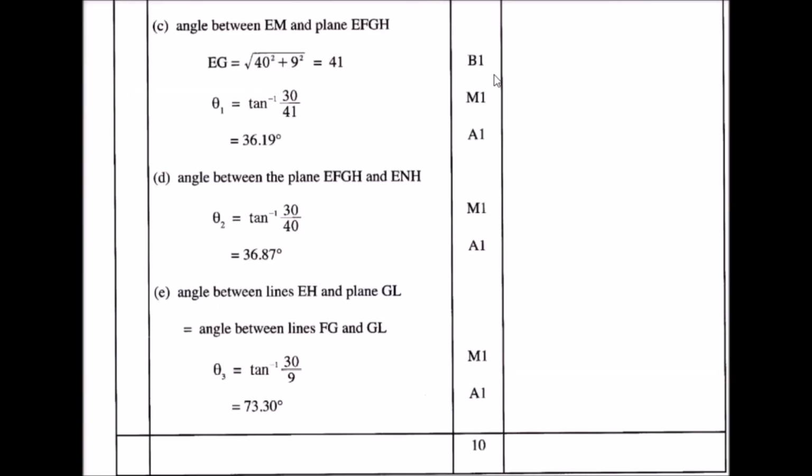Part C, you get a bonus point for getting the length of EG, then you get the method of finding the angle and 1 mark for getting the answer. Part D, you get 1 mark for the method and 1 for the answer. The same case applies to part E, the method of finding the angle and getting the correct angle, and that totals up to 10 marks. So that's how you are awarded marks in this question.